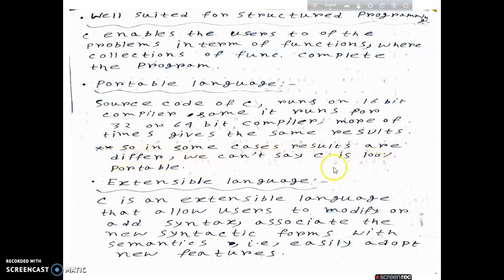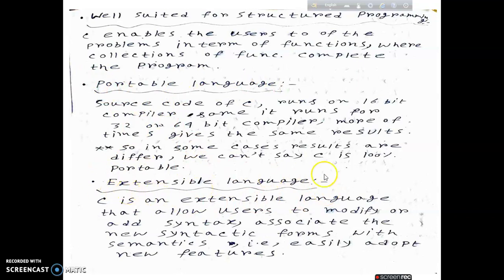If you run the C source code on a 16-bit compiler and the same code on a 64-bit compiler, sometimes the results vary. So we cannot say C is 100% portable, but moreover it is a portable language.